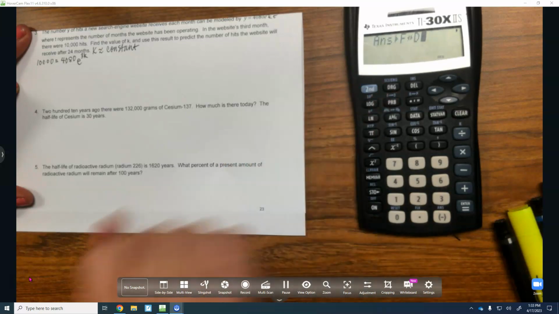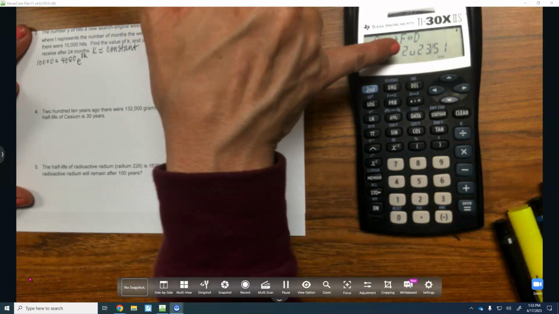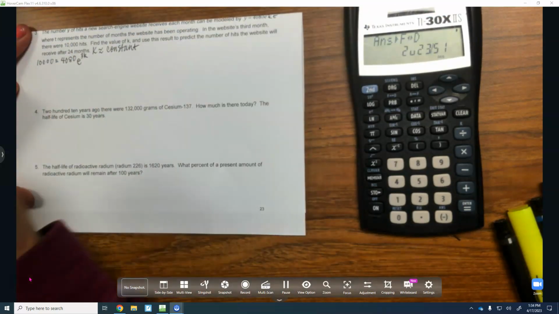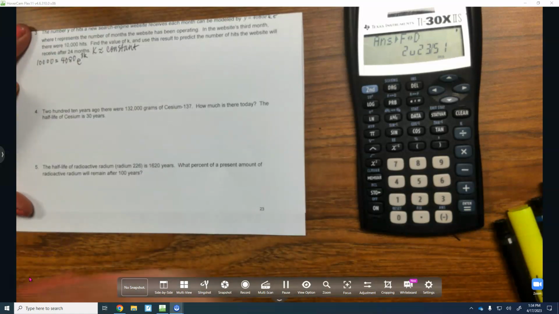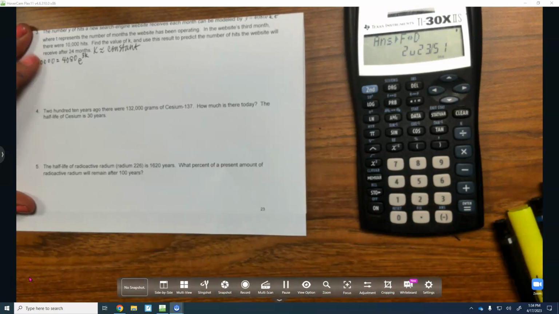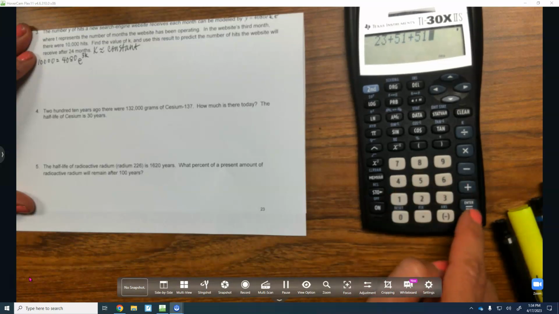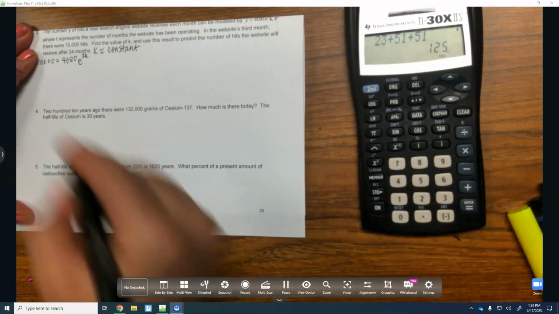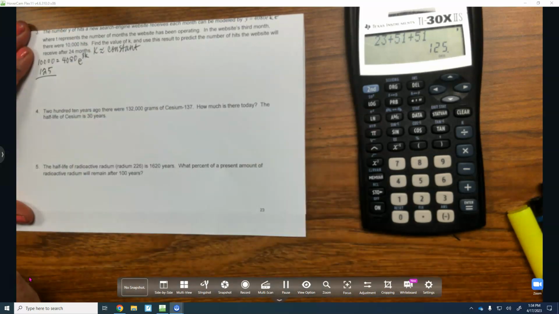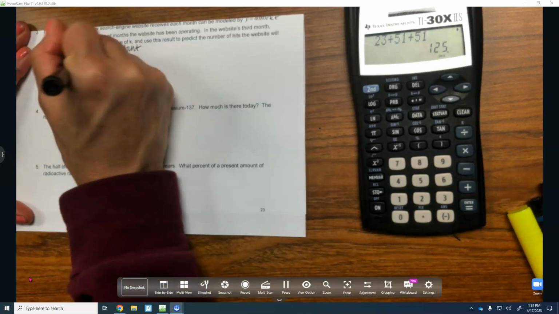I'm going to hit the second PRB key. What this is telling me is there are 2 whole numbers out there. Now remember, a whole number in terms of 51 is 51 over 51. So my numerator as an improper fraction is going to be 23 plus 2 of those 51s. So my numerator is going to be 125 over my existing denominator of 51. And that is going to equal e to the 3k.